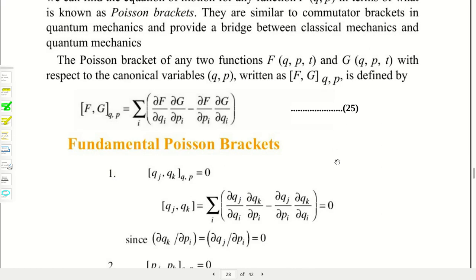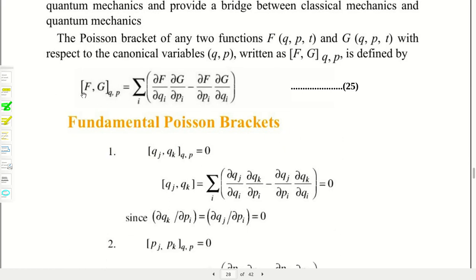Such Poisson brackets have the following identities. Let us take f as qj and g as qk. Here you can see that the sum goes over i, where i is equal to 1 to n, where n is the number of degrees of freedom of the system. So qj and qk, j and k are also 1 to n.